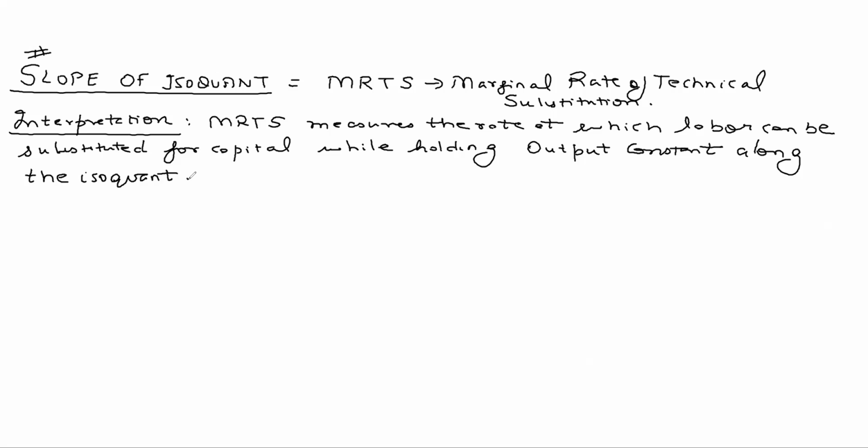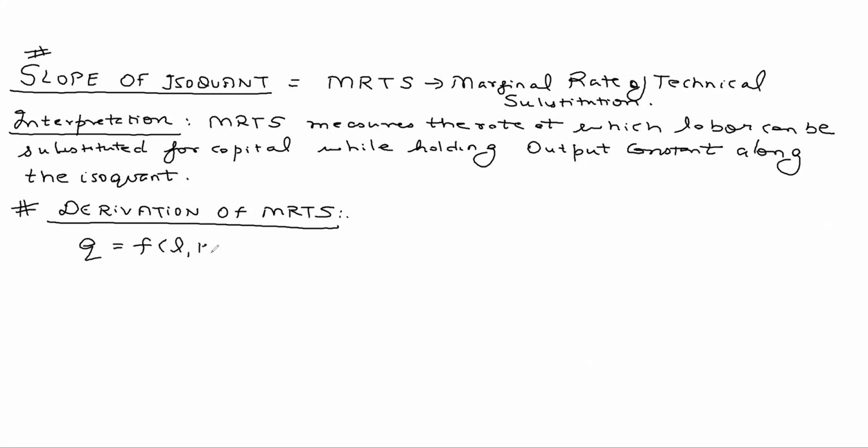So if I derive MRTS, so derivation of MRTS. My production function is Q as a function of labor and capital, totally differentiating the above equation.